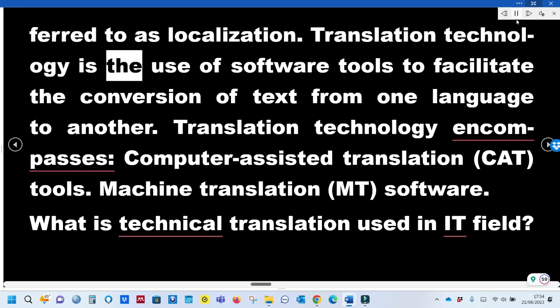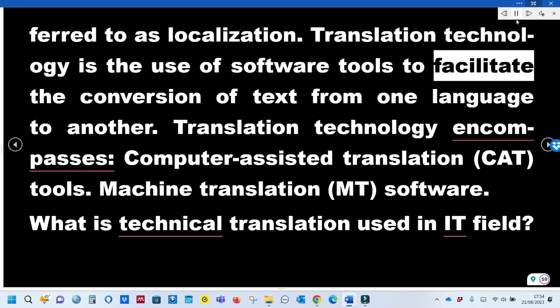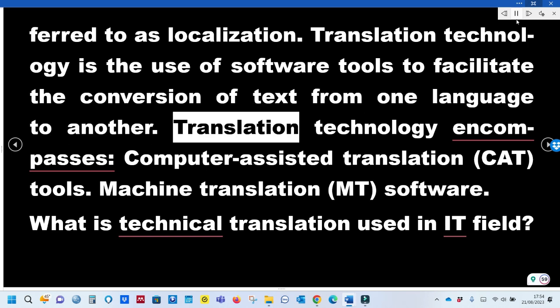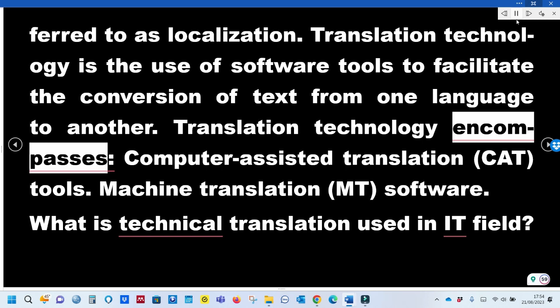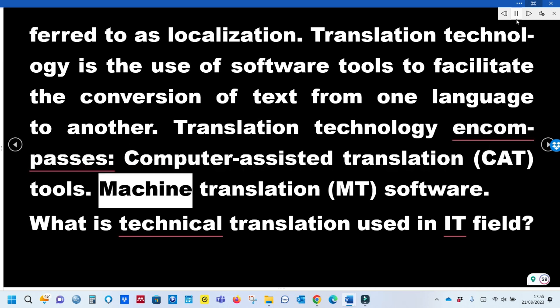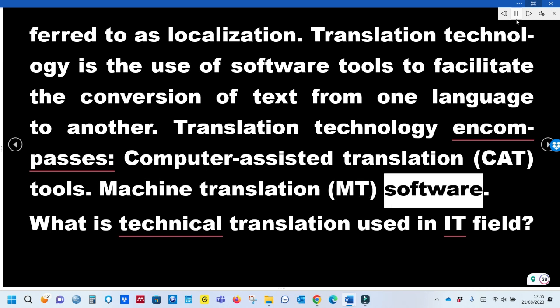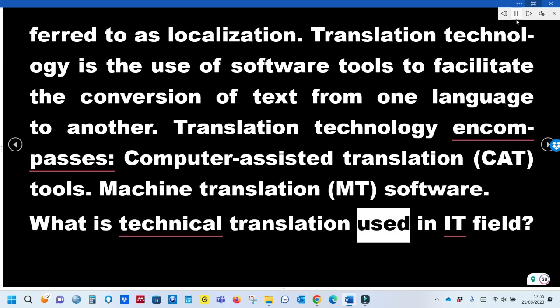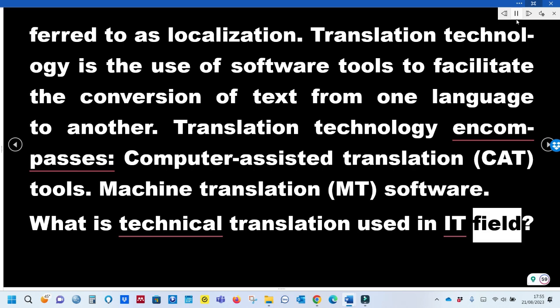Translation technology is the use of software tools to facilitate the conversion of text from one language to another. Translation technology encompasses computer-assisted translation, CAT, tools, and machine translation, MT, software. What is technical translation used in the IT field?